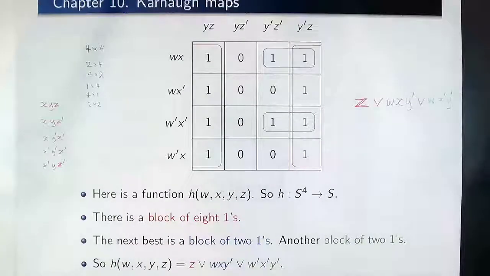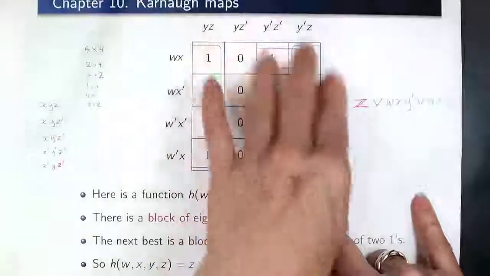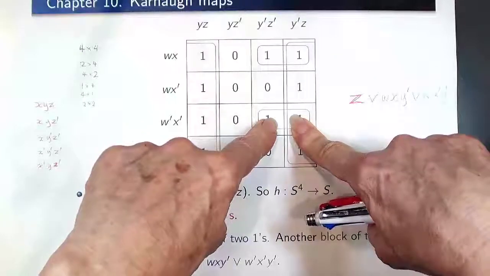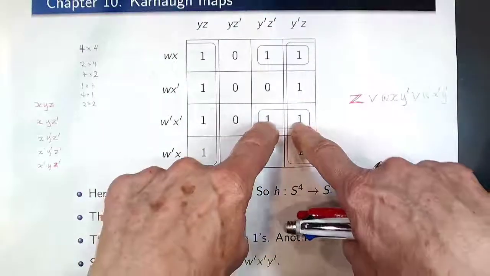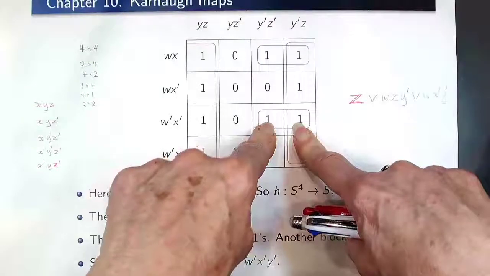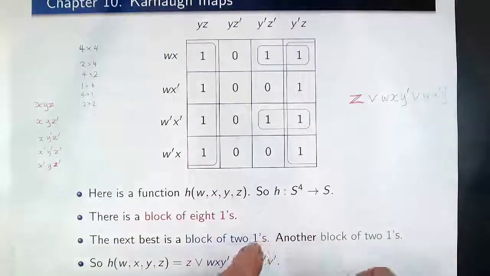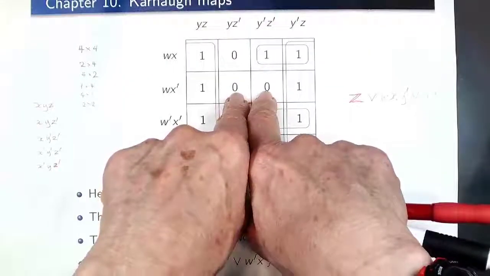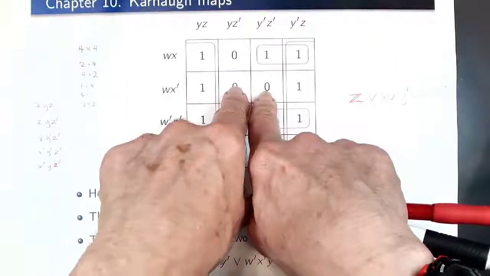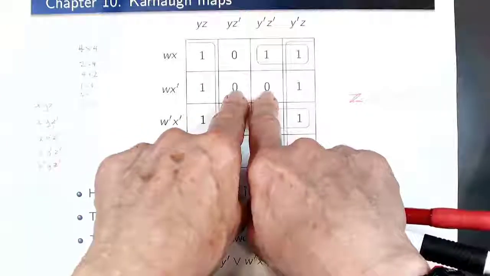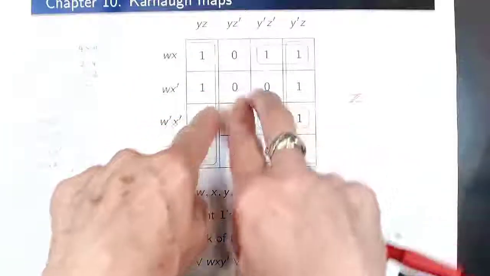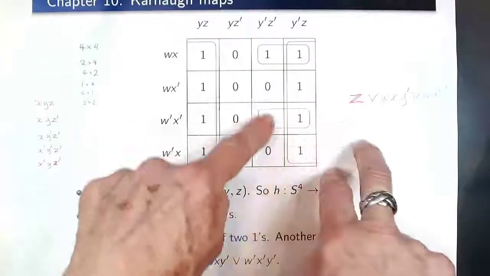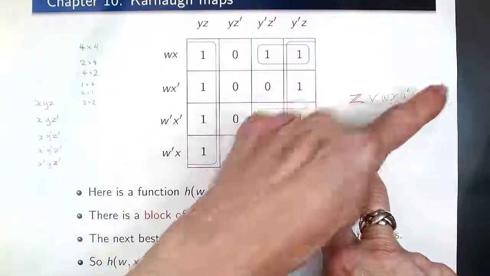Yep. The really important thing here is that when 2 things are next to each other, it means they differ by exactly 1 variable, the value of 1 variable. So let's say these 2 here, the W value is the same. We've got W, we haven't got X, we haven't got Z. They only differ in Y. They differ with 1 thing, and that's really important in getting this information.